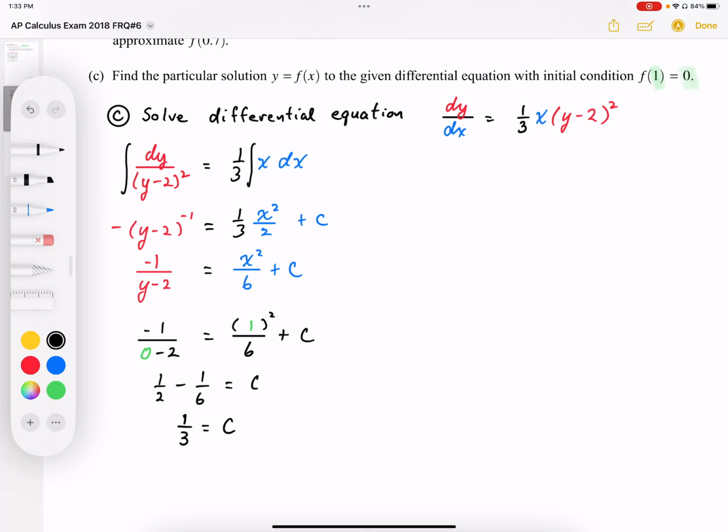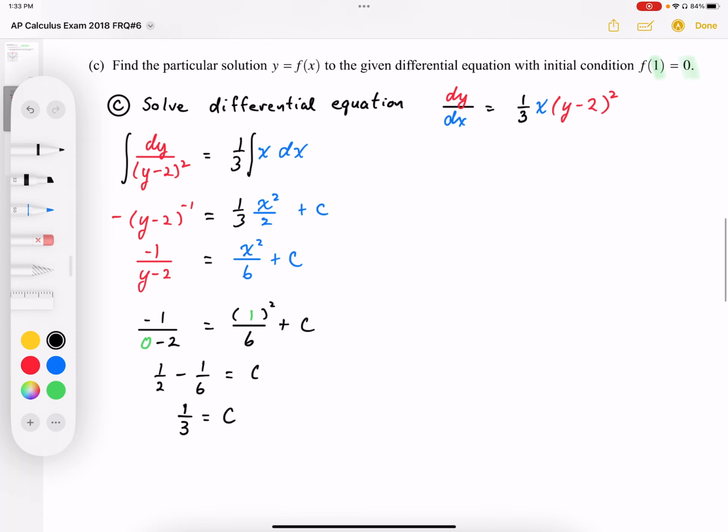So when I rewrite this equation, I get -1 over y minus 2 is equal to x squared over 6. Now, I probably want to combine that plus c into this fraction, so I'm going to write the plus c as plus 2 over 6.